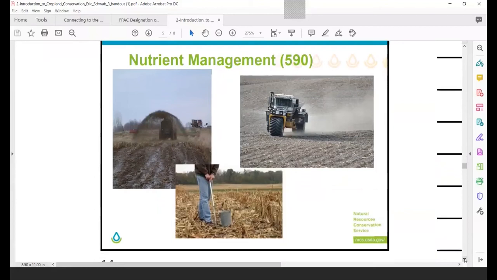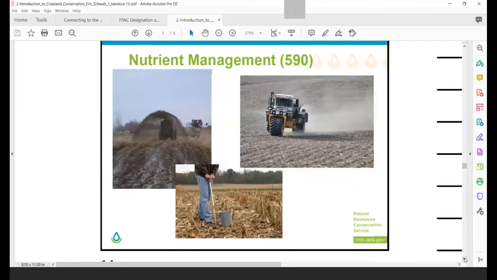Nitrogen varies from state to state, but most of the time in the eastern part of the United States, the nitrogen recommendation will not be based on a soil sample, but maybe a yield goal or an economic analysis of the cost of nitrogen versus the corn.